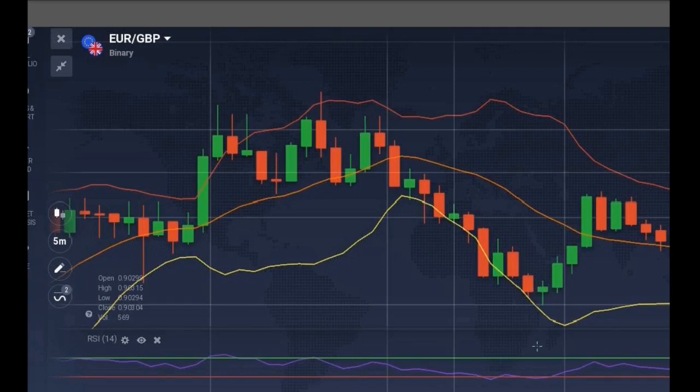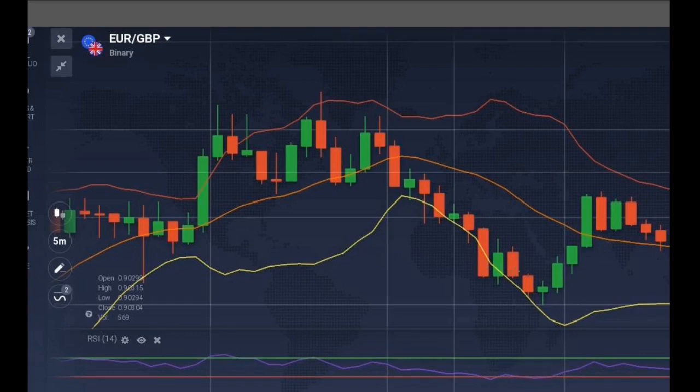So when the lower low is formed, you look at the RSI, and you can see there's a corresponding divergence. On the candlestick chart, you can see price formed a lower low, but on the RSI chart, you can see this level is higher than this level, so it formed a higher low.